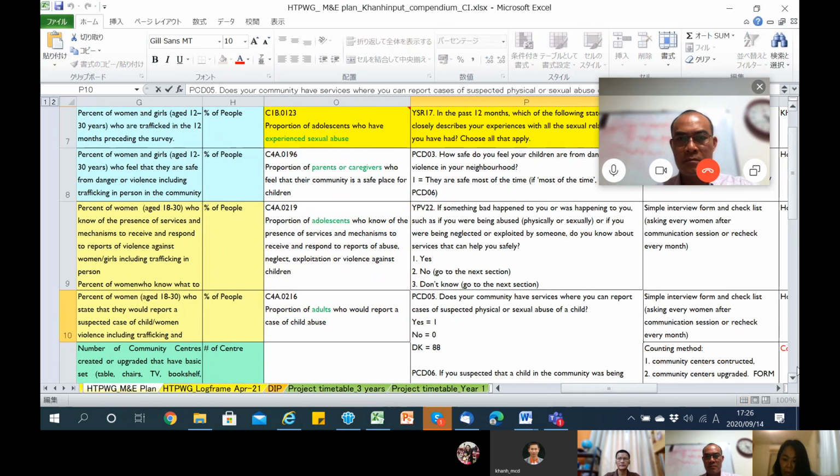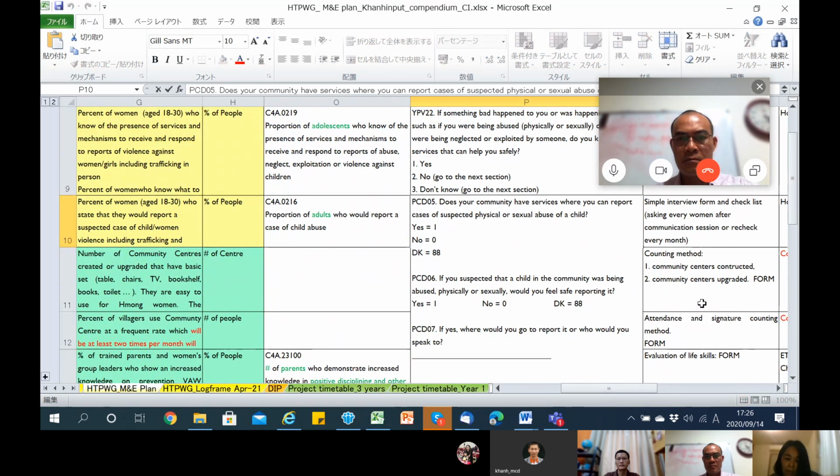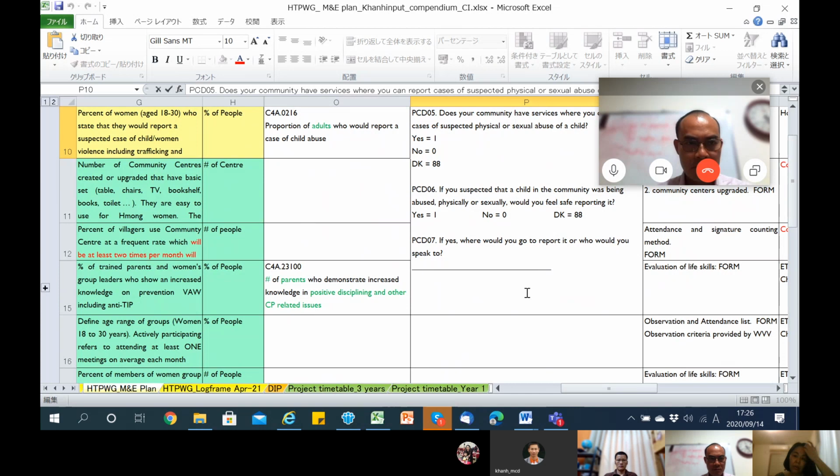The question we have is, does your community have services where you can report cases of suspected physical or sexual abuse of a child? Yes or no. After that, we will ask: if you suspected that a child in the community was being abused physically or sexually, would you feel safe reporting it? Yes, no. And if yes, where would you go to report it, or who would you speak to? And this is a specific answer that we receive.